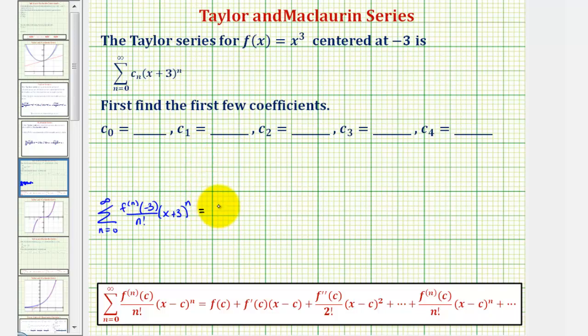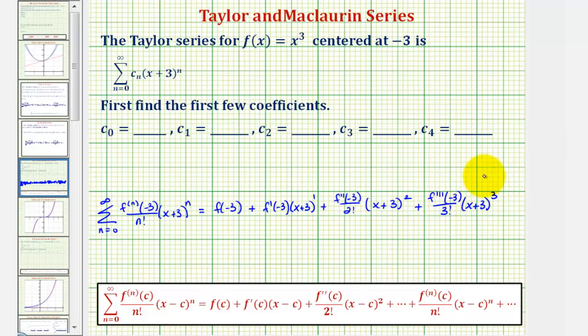So when n is 0, we just have f of -3. When n is 1, we have f prime of -3 times the quantity x plus 3 raised to the first. And then when n is 2, we have f double prime of -3 divided by 2 factorial times the quantity x plus 3 raised to the second, plus when n is 3, we have f triple prime of -3 divided by 3 factorial times the quantity x plus 3 to the third.